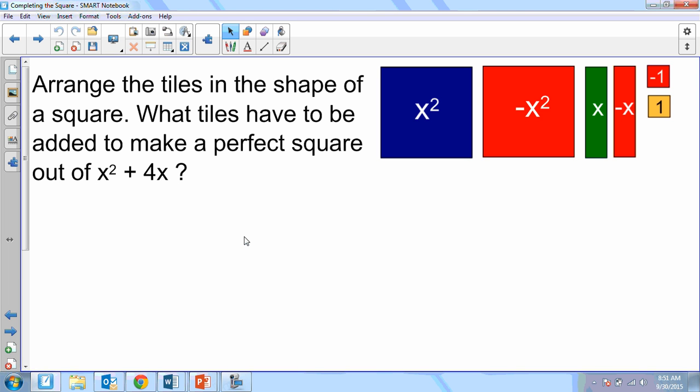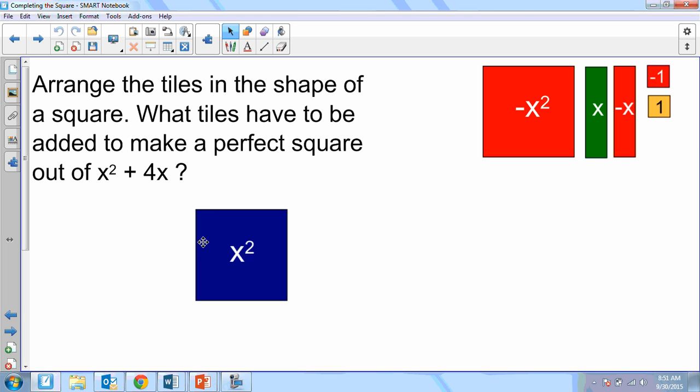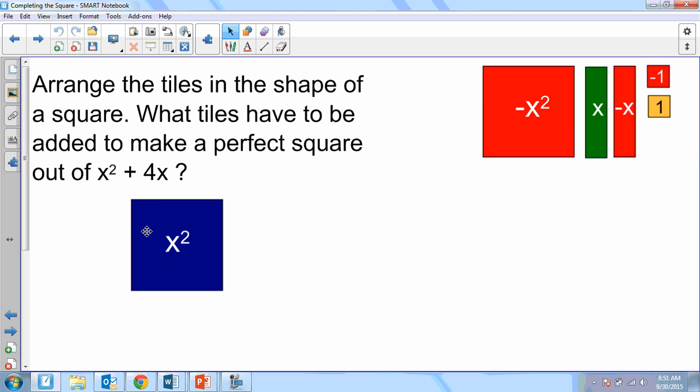But how are we going to arrange this so we can make a perfect square out of x squared and 4 of these green ones?